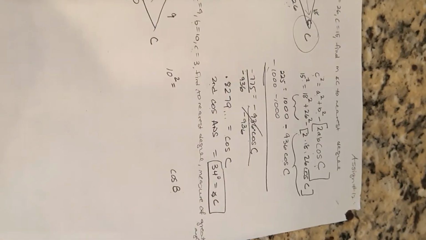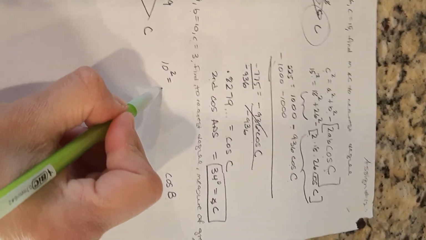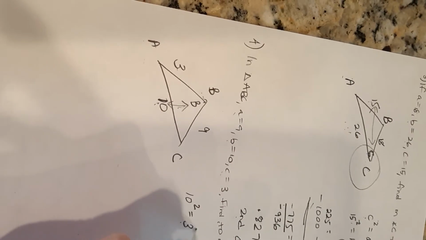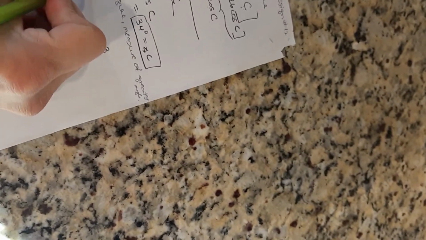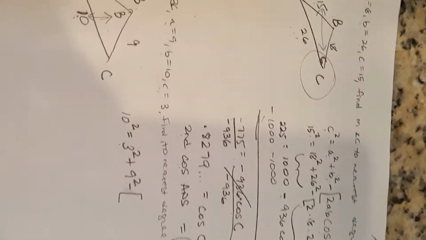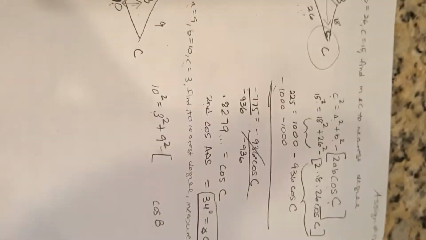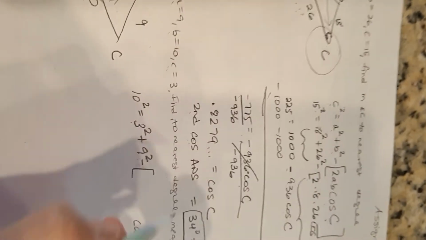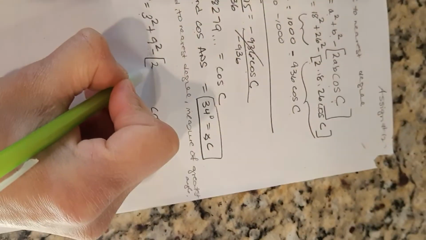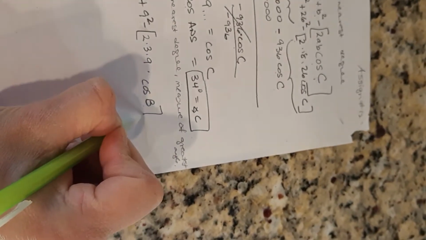So with that said, I take the sum of the squares of the other two sides, so the 3 squared and the 9 squared. Are you getting the hang of it yet?